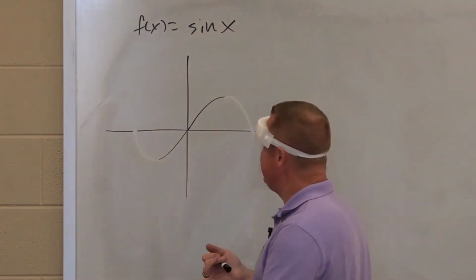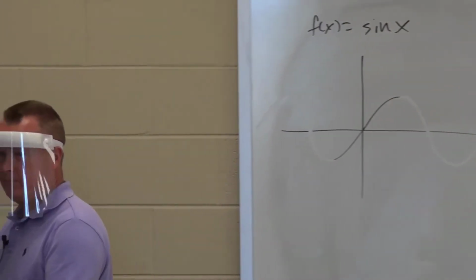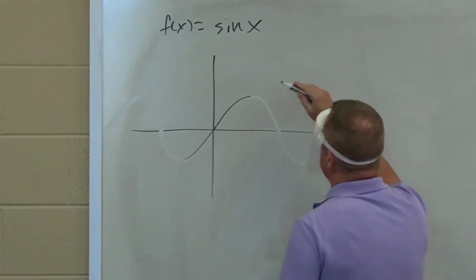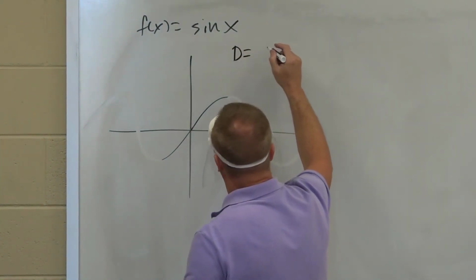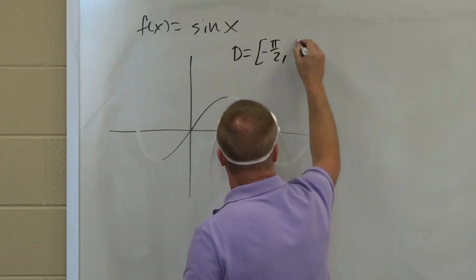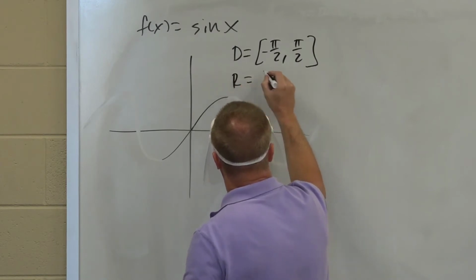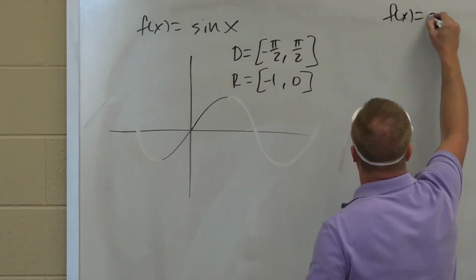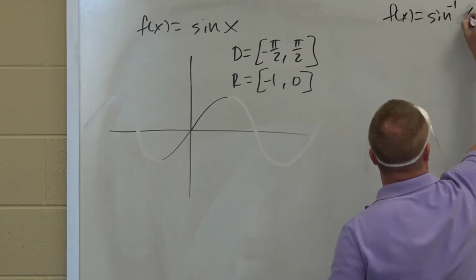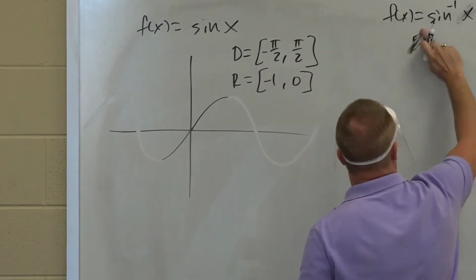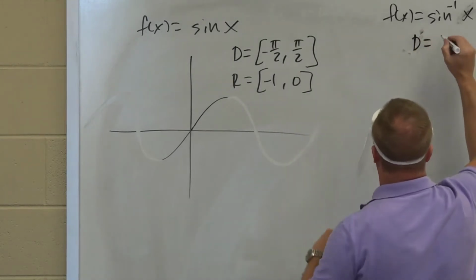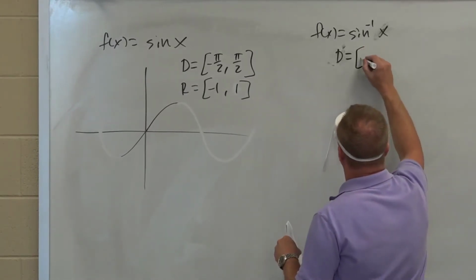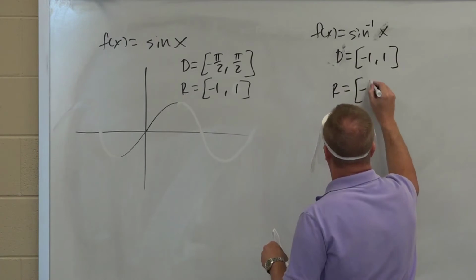Sine is negative pi over 2 to pi over 2, and the range is negative 1 to 1. So when we switch it and do an inverse sine, the domain becomes negative 1 to 1, and the range would be negative pi over 2 to pi over 2.